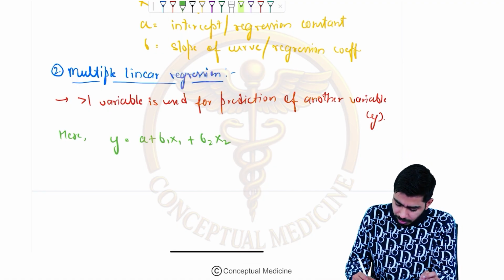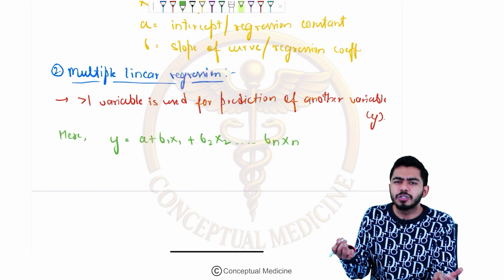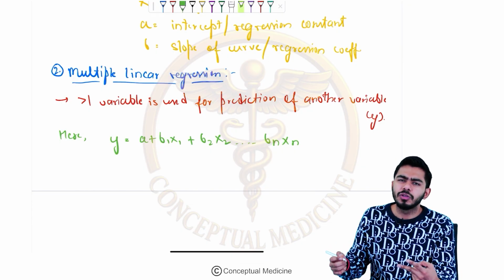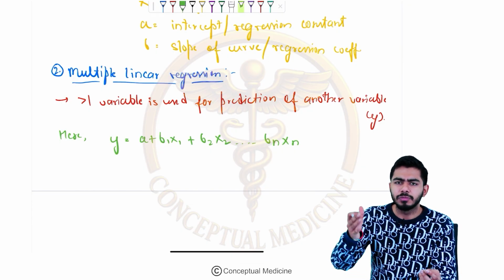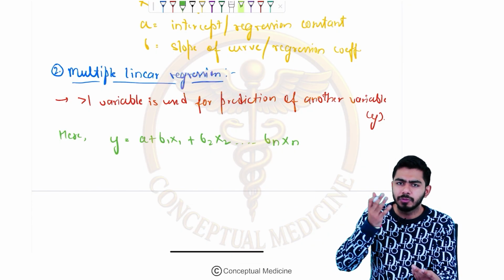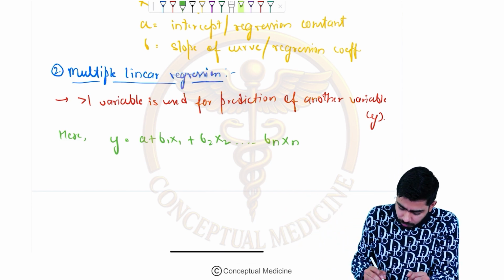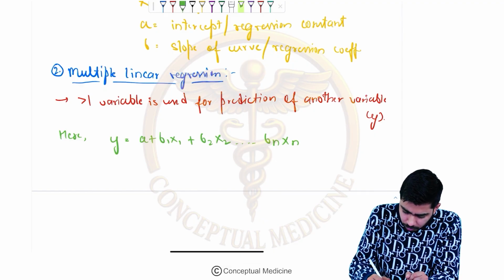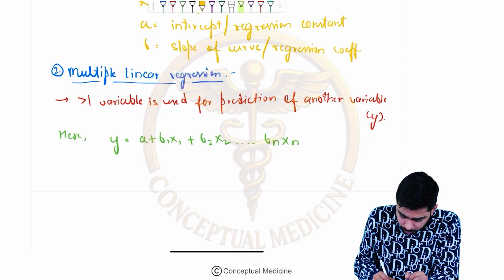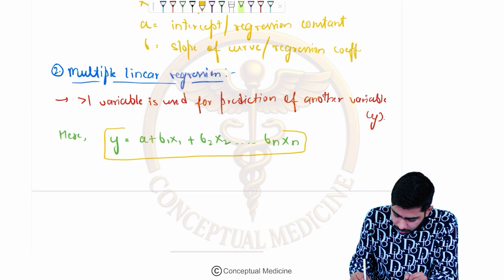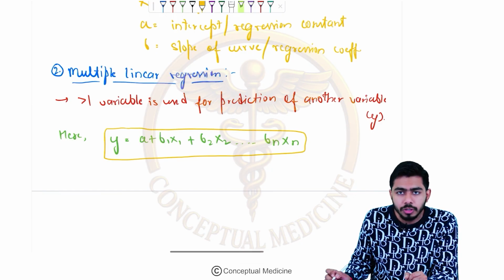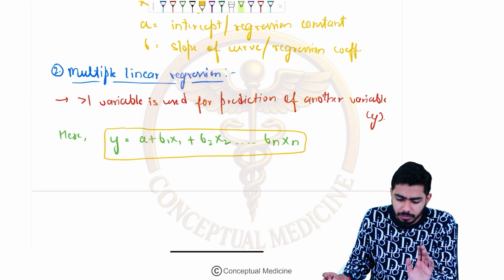Like that we can write up to bn xn. So for two variables, b1 x1 plus b2 x2. If I am using five variables, b1 x1 plus b2 x2, and so on and so forth. So this formula we shall be using for calculation of multiple linear regression. I hope you understood that, right? So simple linear regression, multiple linear regression.